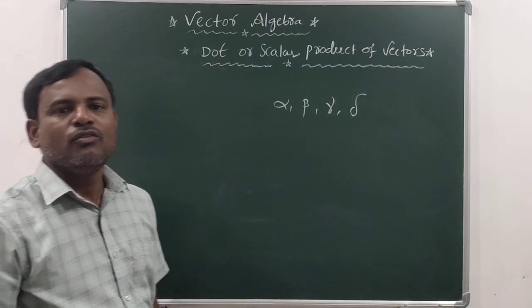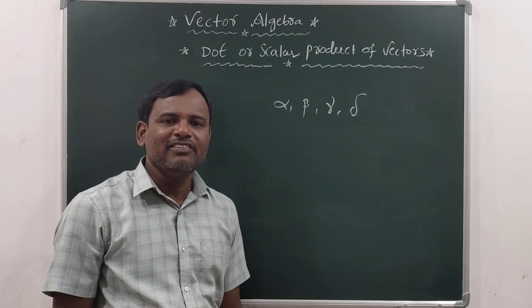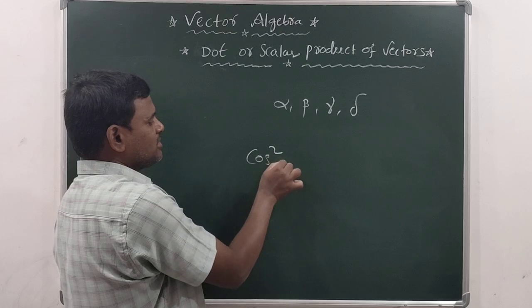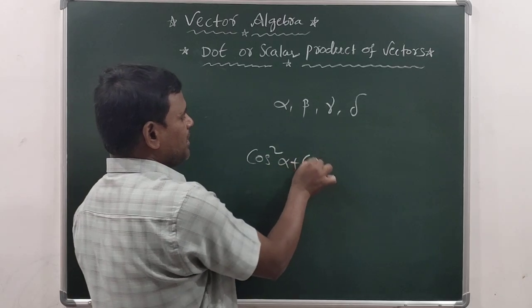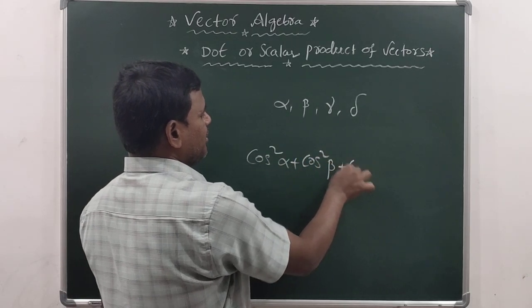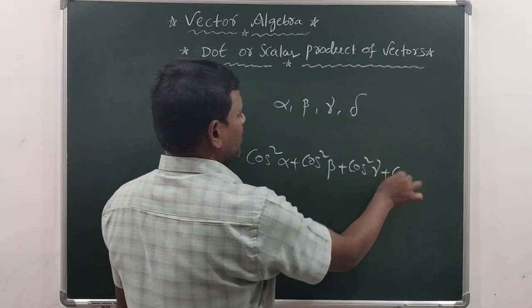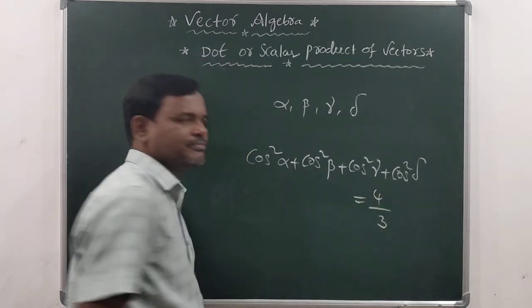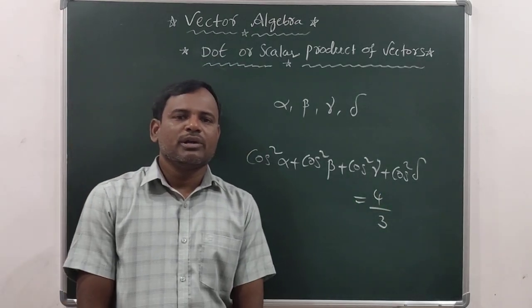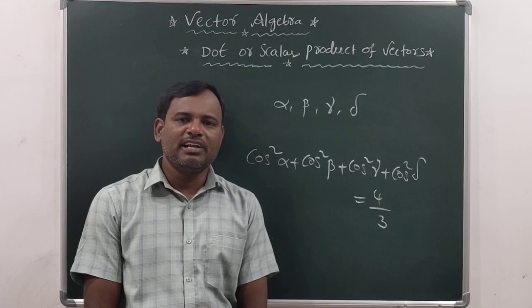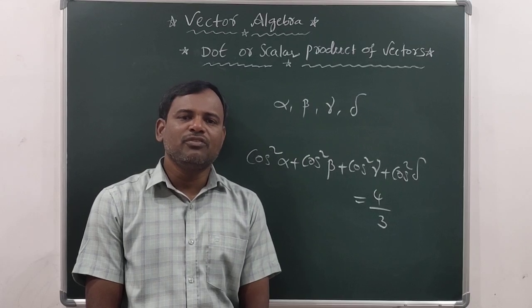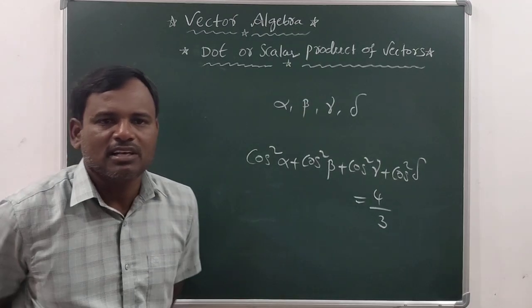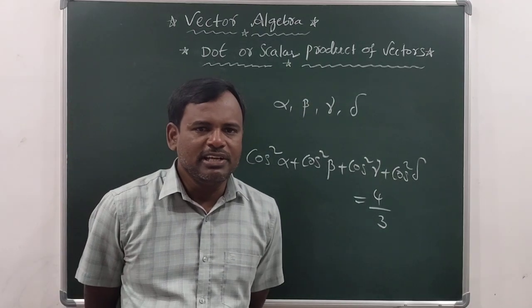Then cos square alpha plus cos square beta plus cos square gamma plus cos square delta is equal to 4 by 3.